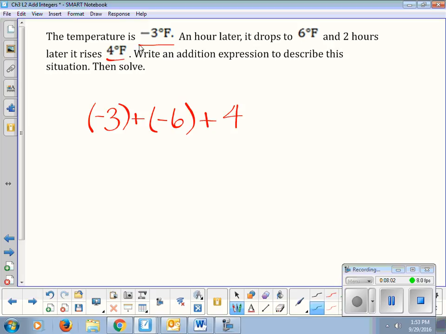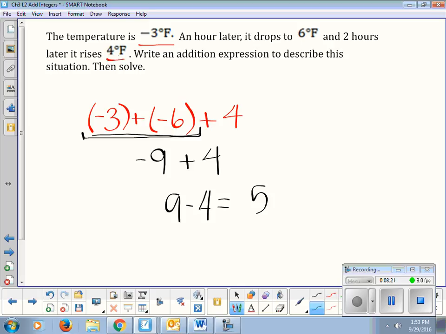We have 2 negatives, so if I want to start with adding these two together, we have the same sign. What's 3 plus 6? 9. Keep our negative sign, and we bring down our plus 4. Different signs, so we have to do what? Subtract. What's 9 minus 4? 5. Take the sign of our bigger number, so it's negative 5.